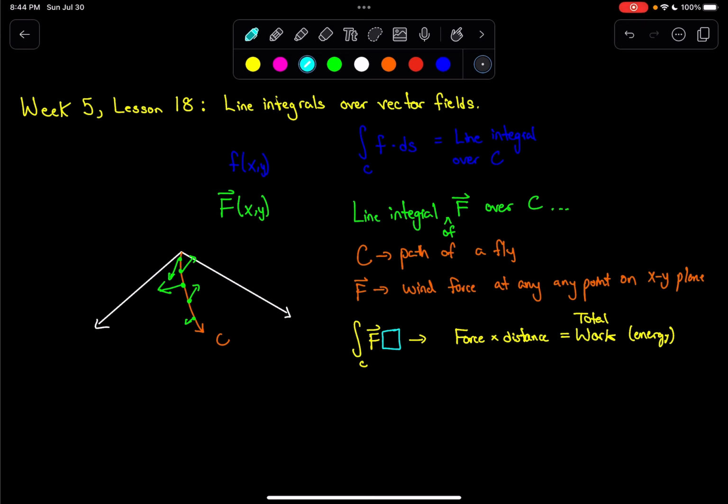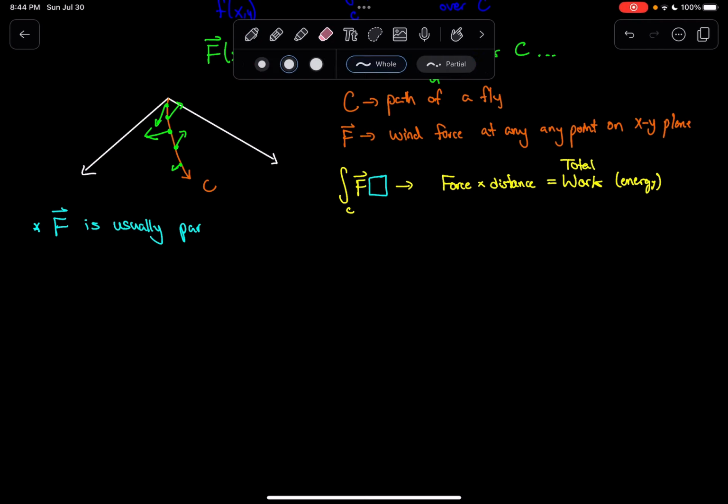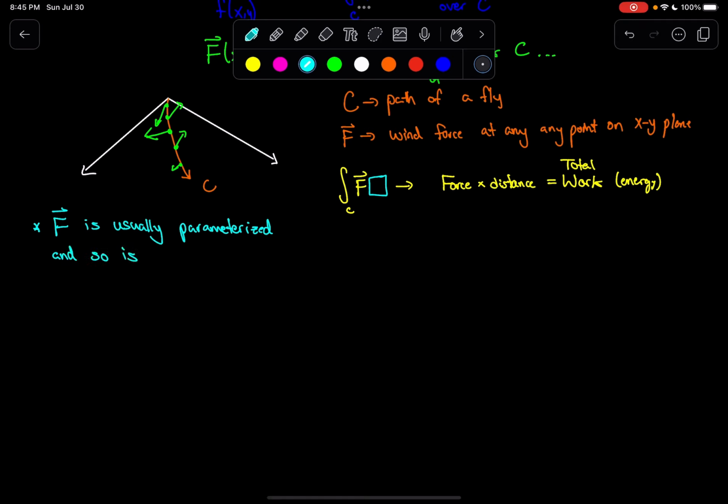I didn't put ds because when we talk about a vector field F, and I'll write this off to the side, F is usually parameterized using t or some variable, and so is the path C.